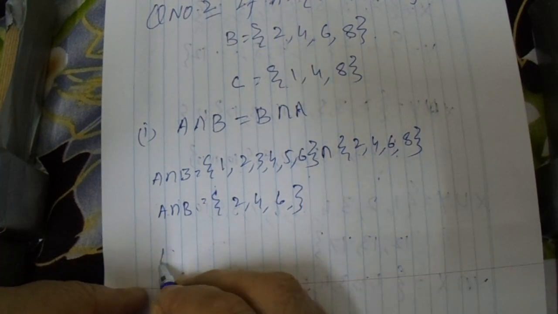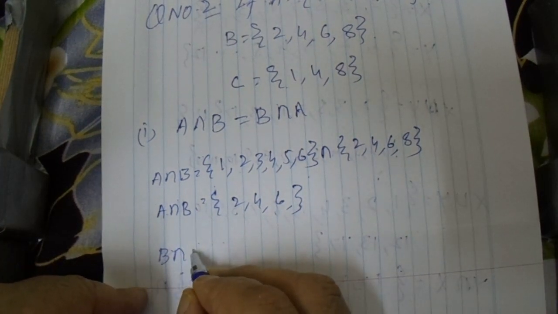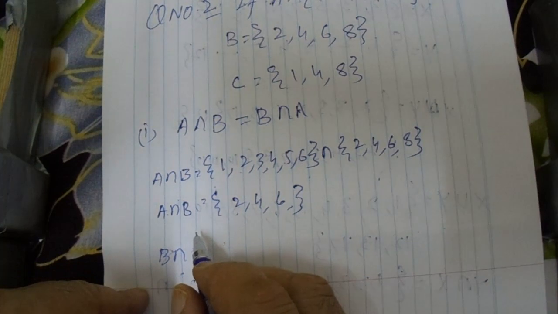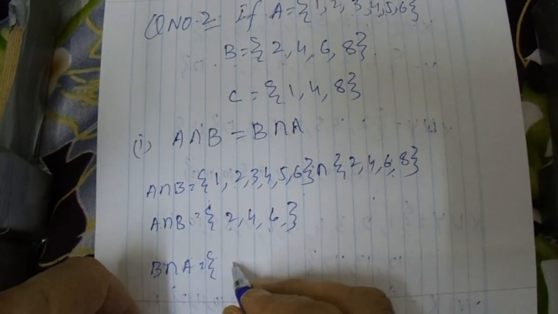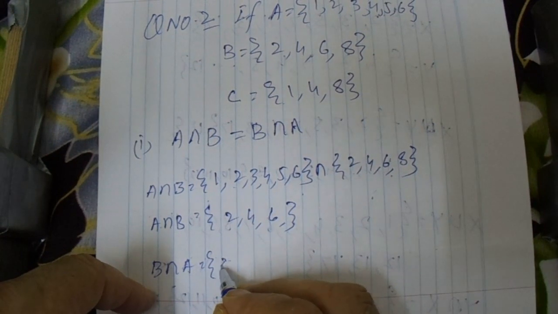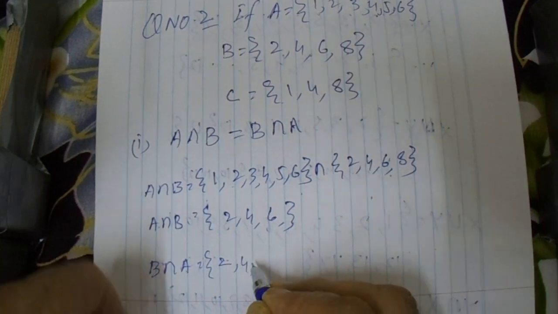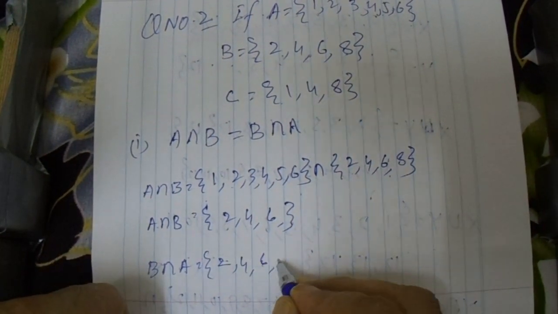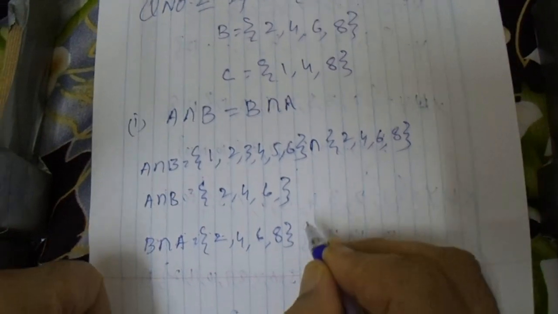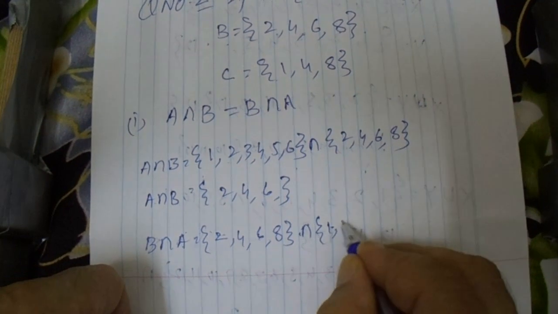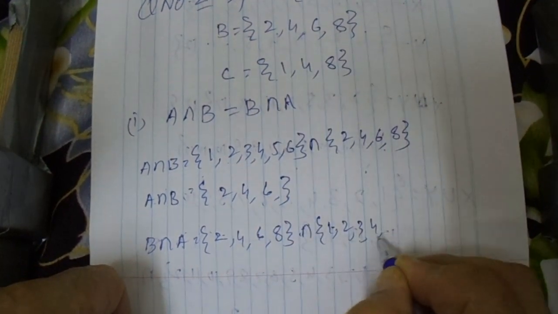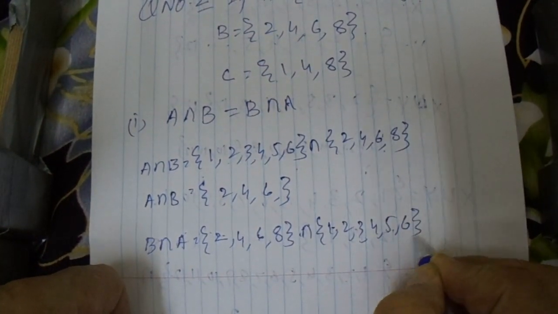Now we find B intersection A. First we write B: the elements of B are 2, 4, 6, 8, and intersection A. A is 1, 2, 3, 4, 5 and 6.